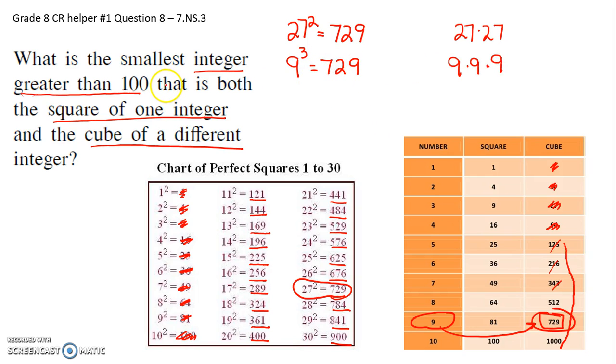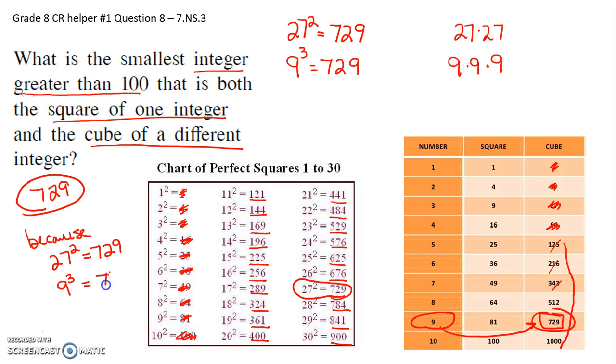So I'm looking for the smallest integer greater than 100 that is both the square of one integer and the cube of a different integer. 729 is the smallest integer greater than 100 that is the square of one integer and the cube of another integer. 729, because if your teacher wants to know why, the square of 27 gives us 729, and 729 is the cube of 9.